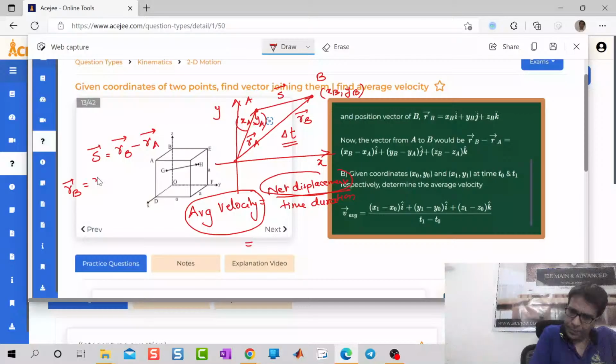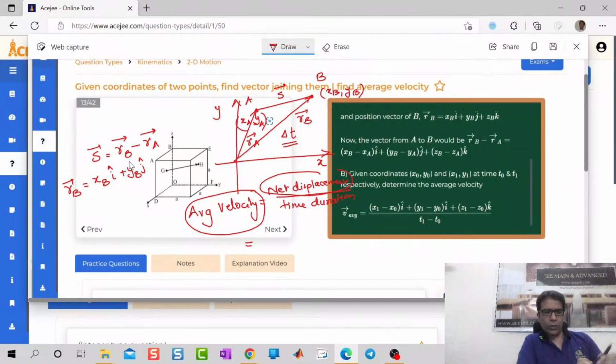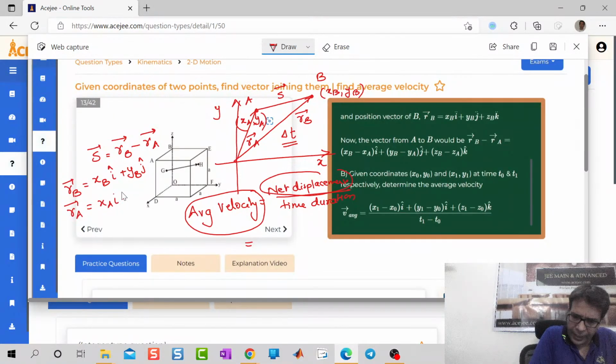What is the position vector of point B? Well, that is simply XB i cap plus YB j cap. Once again, what do we mean by position vector? The vector that has its tail at the origin and its head at the given position. That is your position vector. Similarly, RA is XA i cap plus YA j cap. So what is RB minus RA?